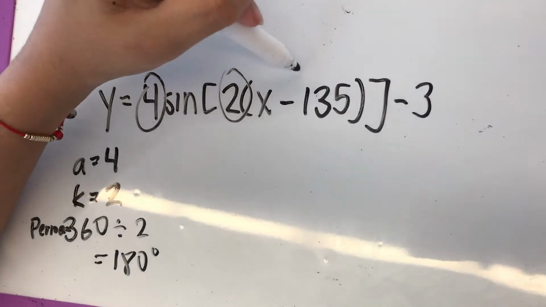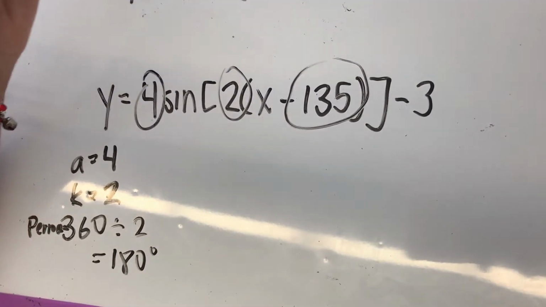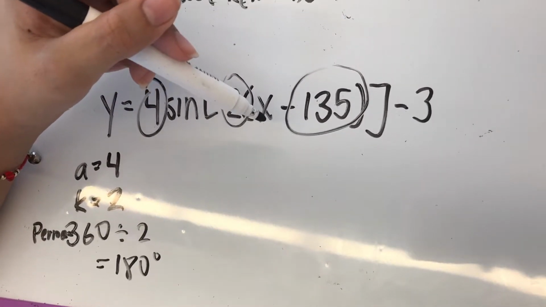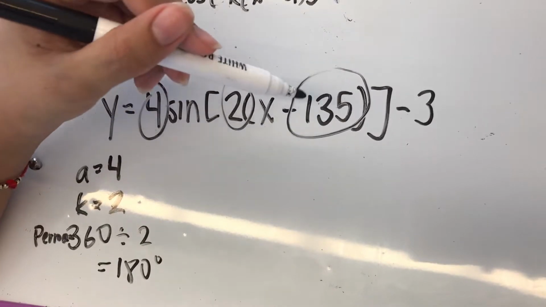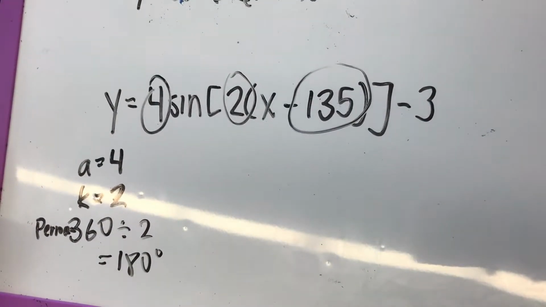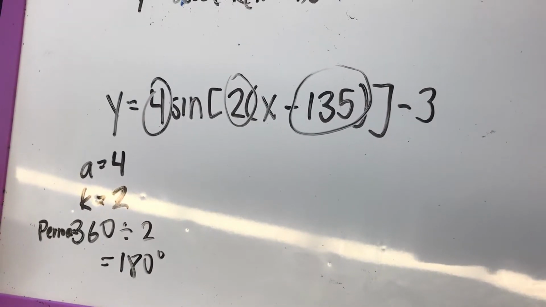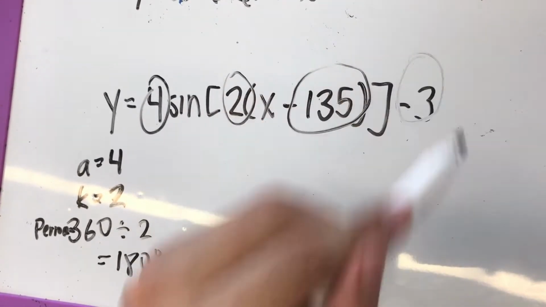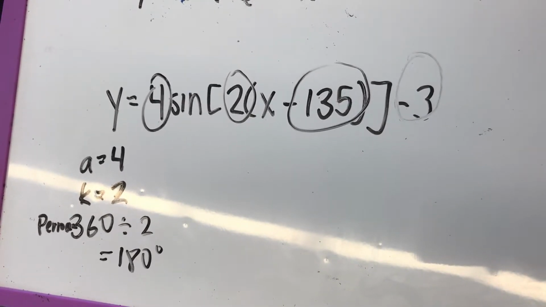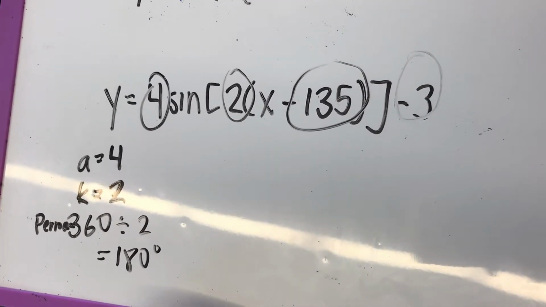Our d is negative 135, and d is negative, which means that there will be a horizontal translation of 135 degrees to the right. And finally, our equation of the axis, aka c, is y = −3, which means that our graph will shift down by 3 units.